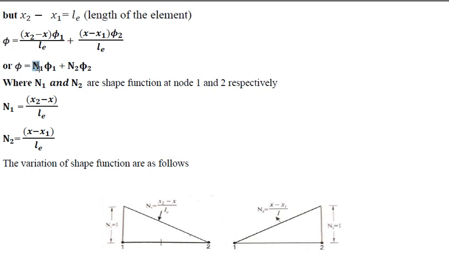N1 and N2 are used to find the global variable over the element when nodal variables are known. So N1 is x2 minus x by LE, N2 is x minus x1 by LE. These two expressions are the shape functions for the torsional member.